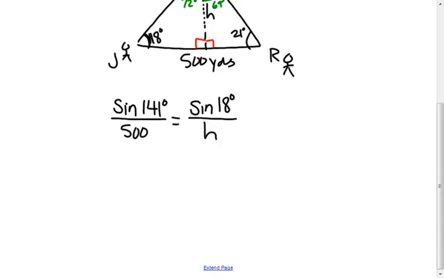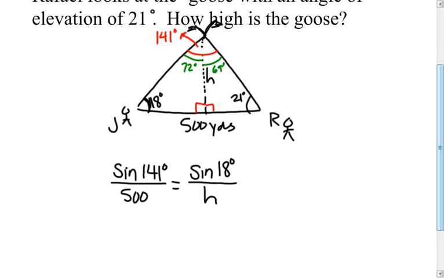People think that's right because they've set up the law of sines correctly. But here's the problem. When you set up the left side of that proportion, you used the big triangle, 141 over 500. But when you set up the right side, you only used this triangle right here. So you're using two different triangles to set up a proportion, and that is not going to work.